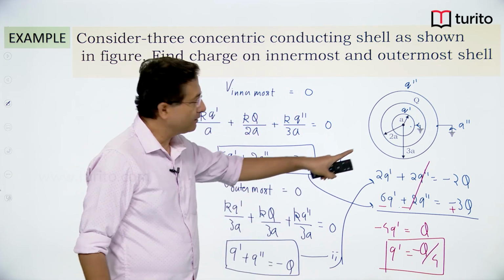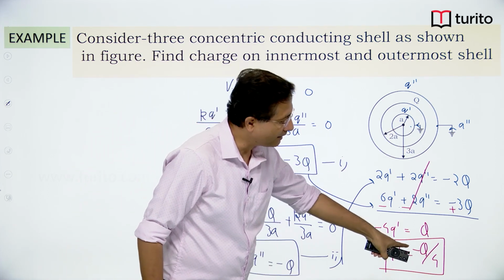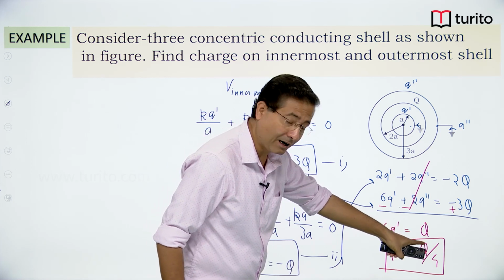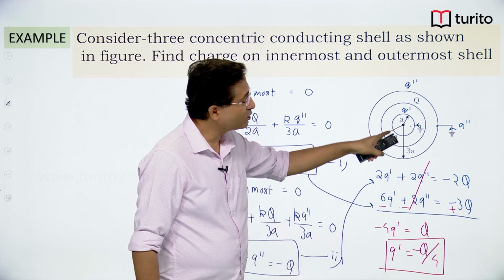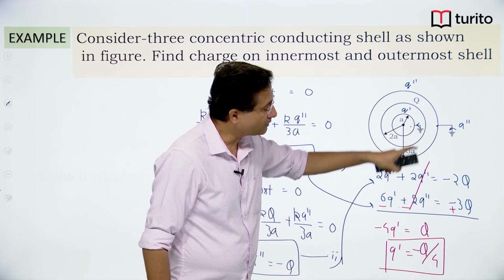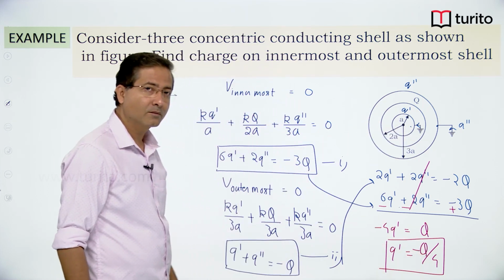So earth will give minus Q by 4, or I can say this will give to earth plus Q by 4, right.